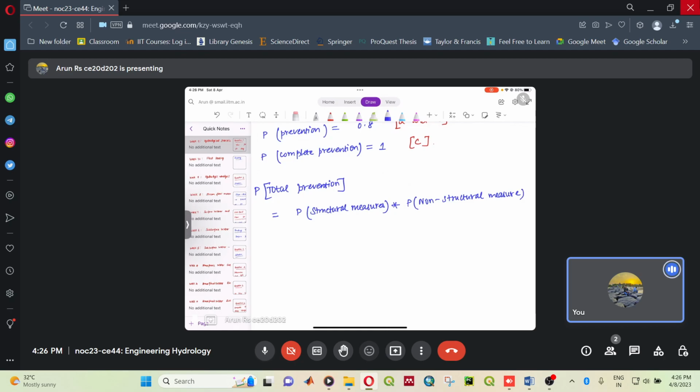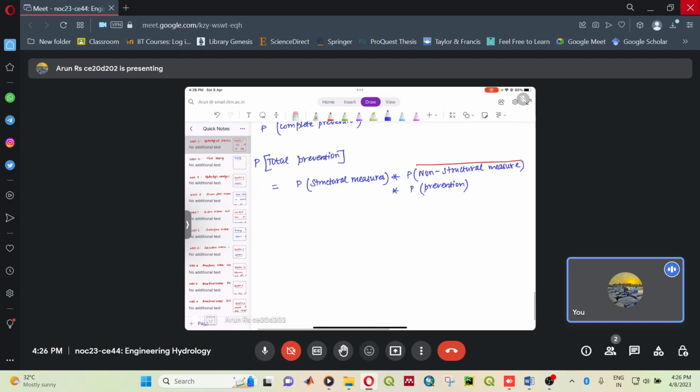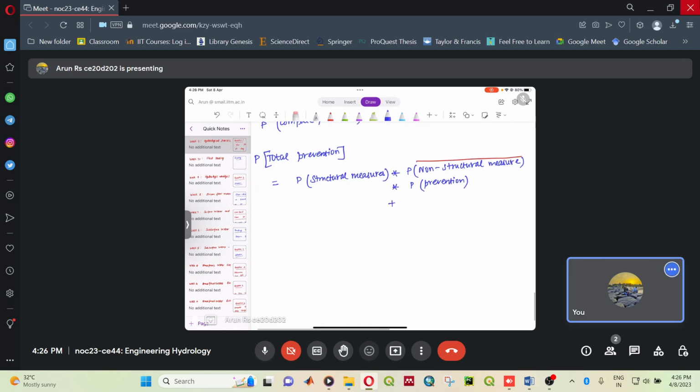So since we are not improving, it is a complement to the probability. So I am giving a complement to that, into probability of prevention, which is nothing but 0.8. So this is the first part.